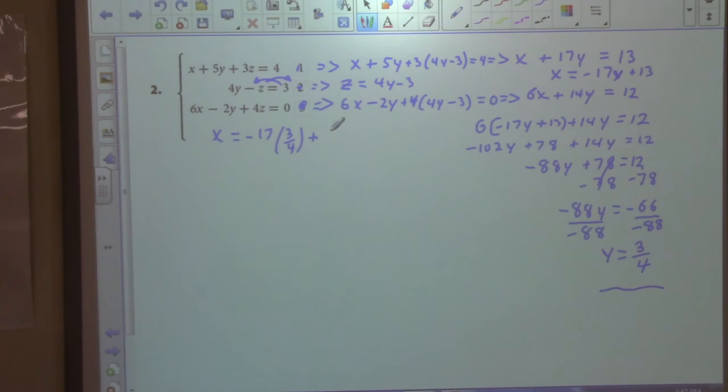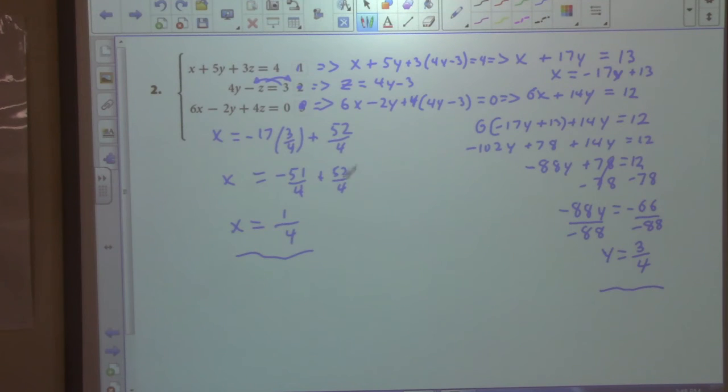So x is equal to negative 51 fourths plus 52 fourths. Negative 51 plus 52 is 1, so 1/4.